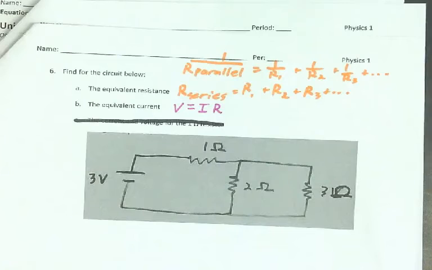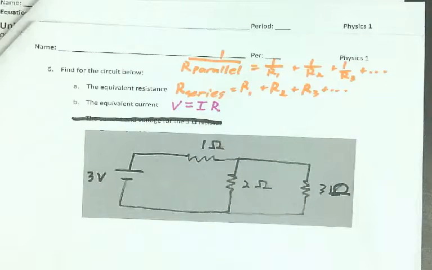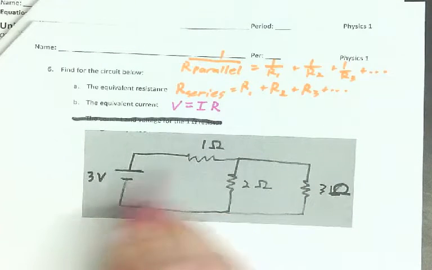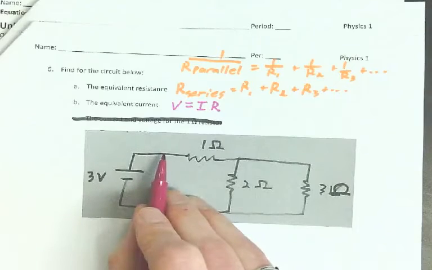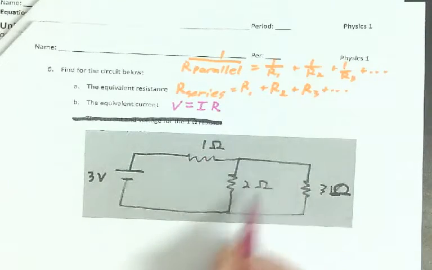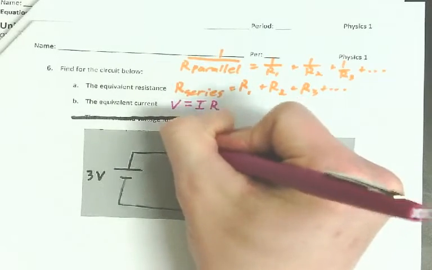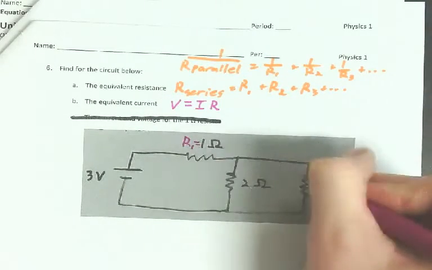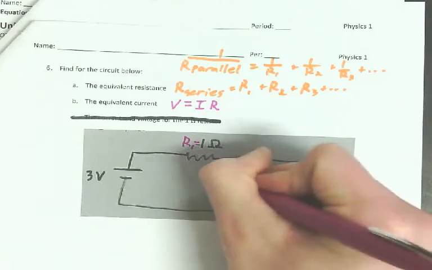So here's the circuit I have. I look at this and say, okay, R1 is in series, right? Because it goes right from the battery into R1. R2 looks like it's probably in series, right?